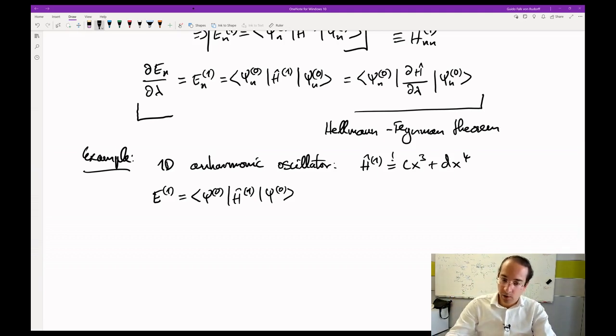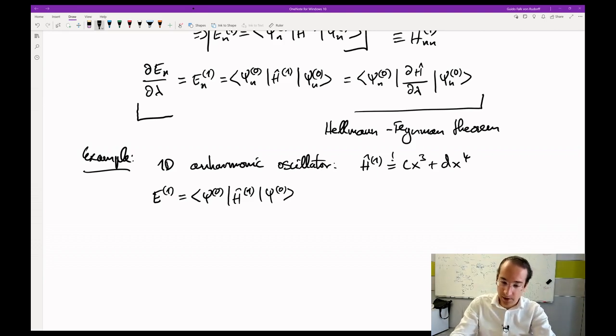Now, we also know there are analytical expressions from the harmonic oscillator, because the harmonic oscillator is much easier to solve. So you can think of it as one of those cases where you solve the harmonic oscillator, and then you change the result because of the nice properties of the harmonic case, and you perturb towards the anharmonic case, which otherwise would be harder to solve.